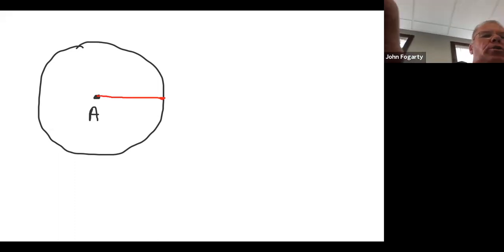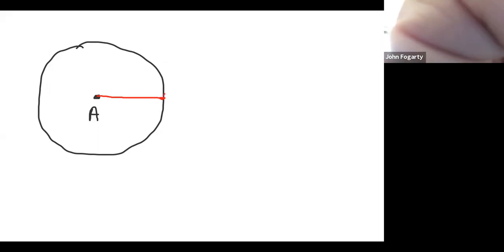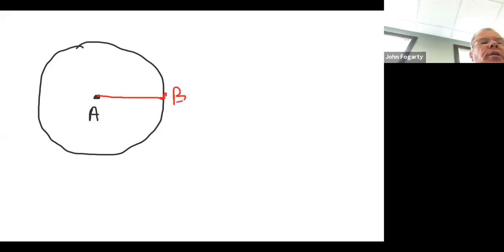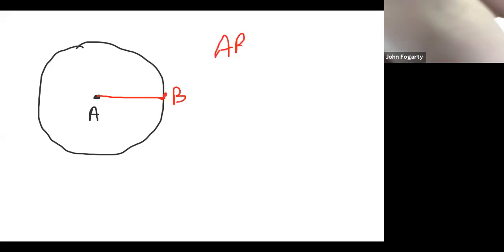Now, a circle gets hard to deal with because it's curved, so we use certain line segments. The first one is a line segment whose two endpoints are a point on the circle, B, and the center of the circle, A. We know that AB is called a radius. That's the definition of a radius.